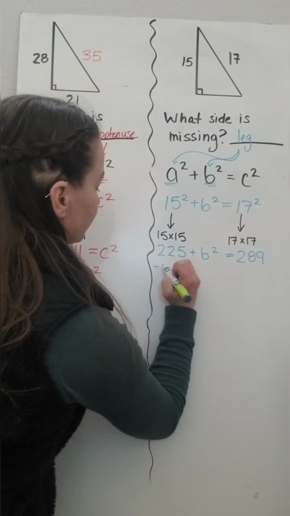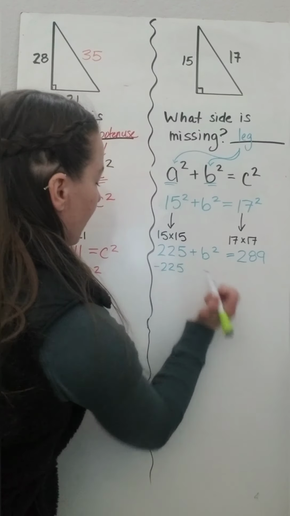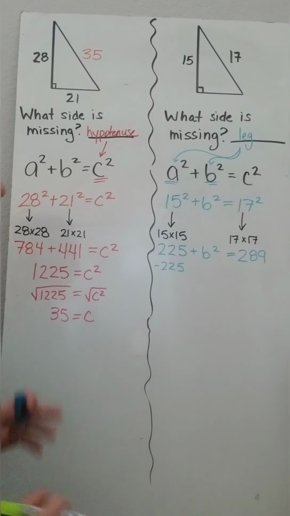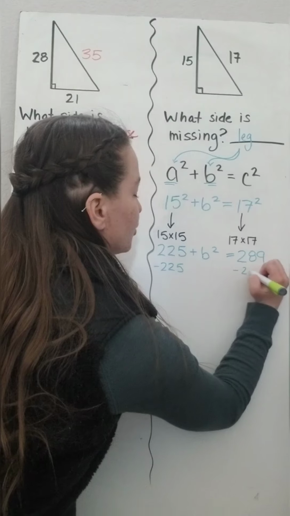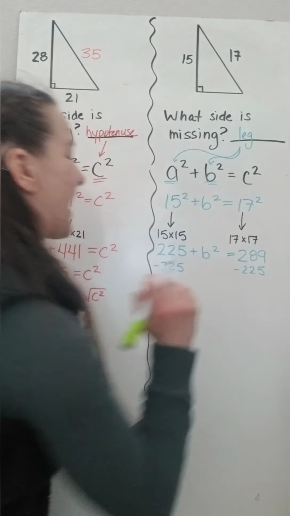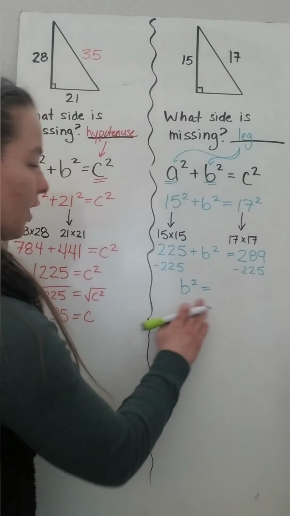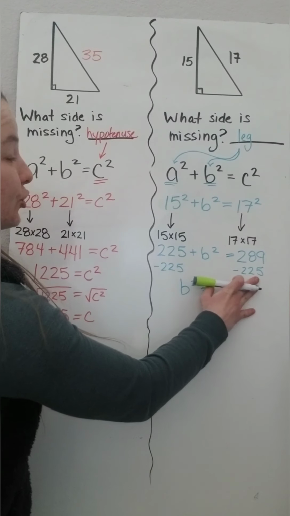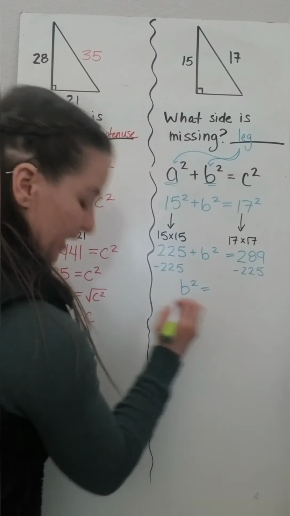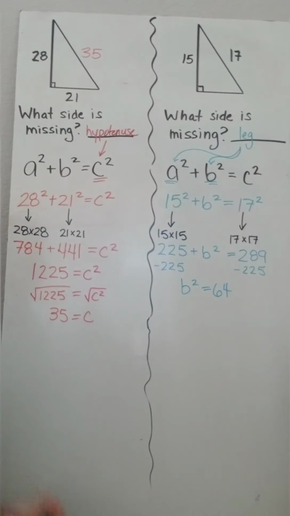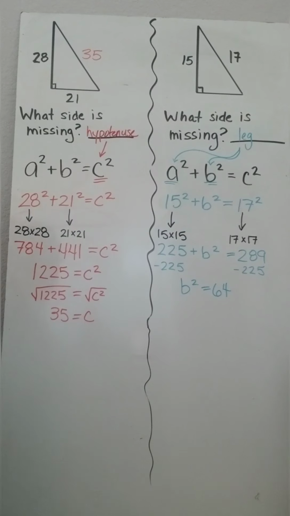So I'm going to subtract 225 from this side to make sure b squared ends up by itself. But what I do to one side of my equation, I have to do to the other to maintain that balance. After subtracting 225 from 289, I am left with b squared equals 64.